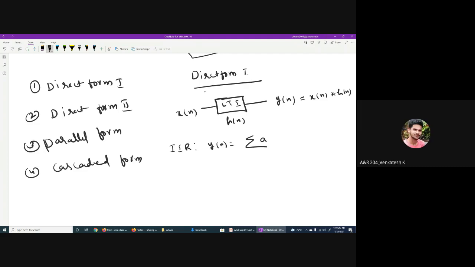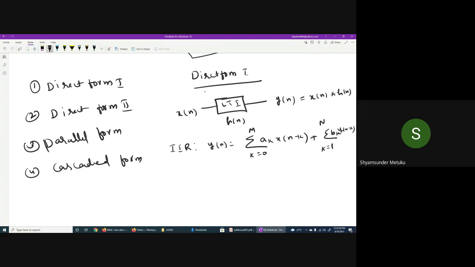From where to where should I write? k equal to 0 to M. We'll take M this side. Summation of a k x of n minus k, plus summation k equals 1 to N of b k y of n minus k, isn't it?